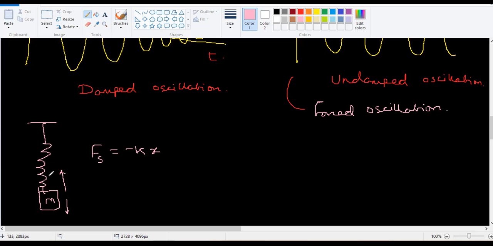If I push it this way, the spring is going to push it downwards. So the spring force is always opposite to the extension. x is your extension, which you studied in your 6th chapter, work, power, energy. What is this? Spring force.